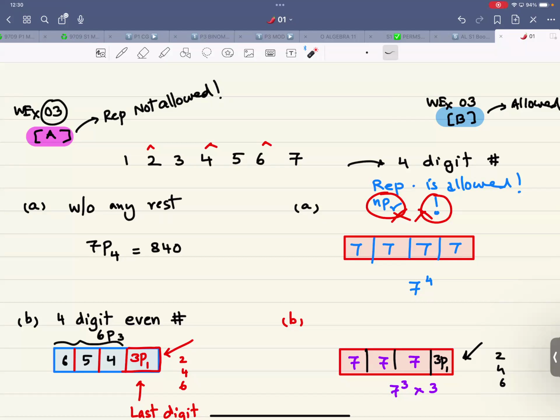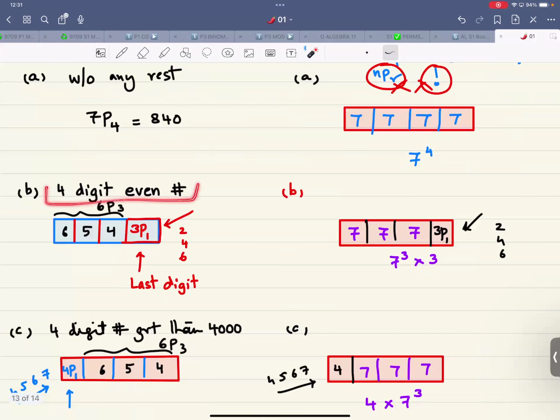Now if repetition is allowed, any one of the 7, any one of the 7, any one of the 7, any one of the 7, all of them can be used. That is 7 multiplying by itself 4 times. It's not 7 into 4. Indices, it's 7 raised to the power of 4.